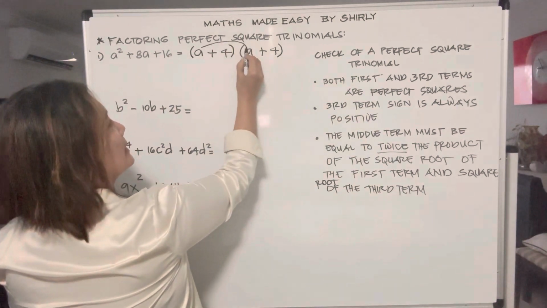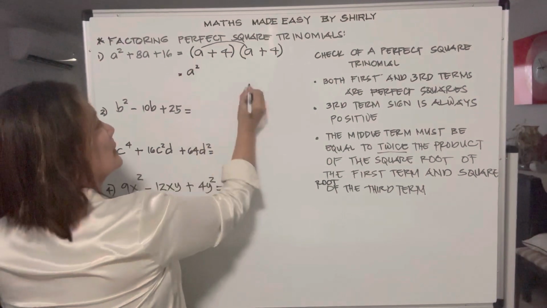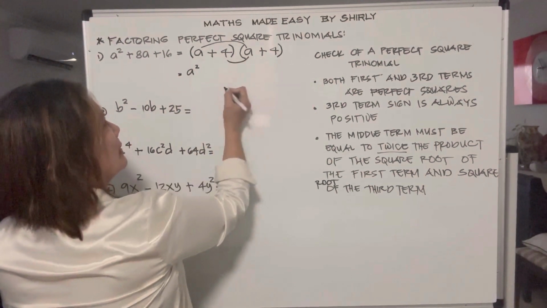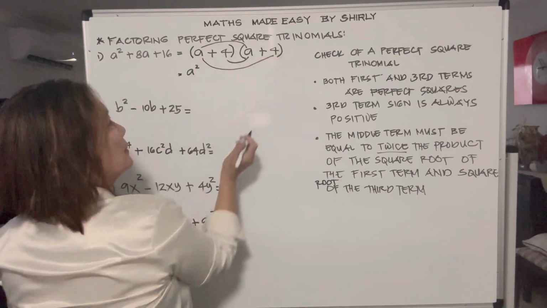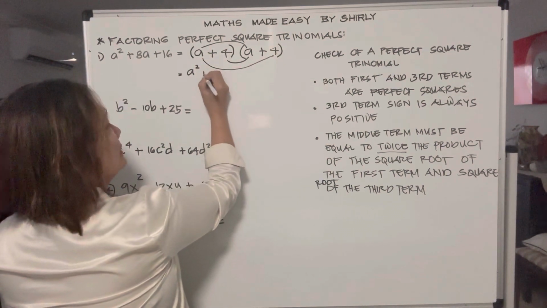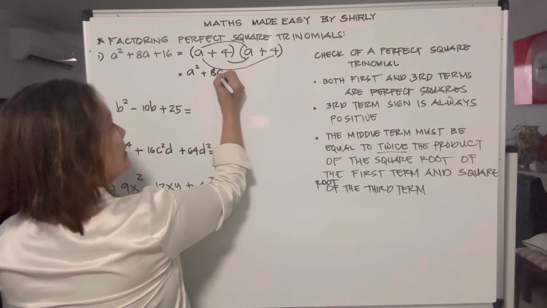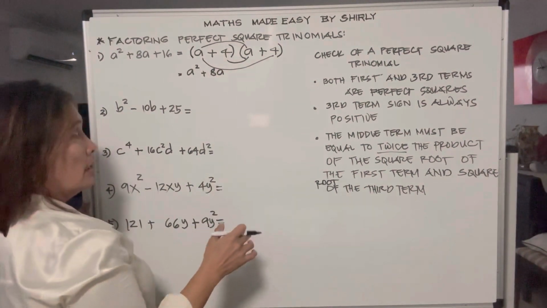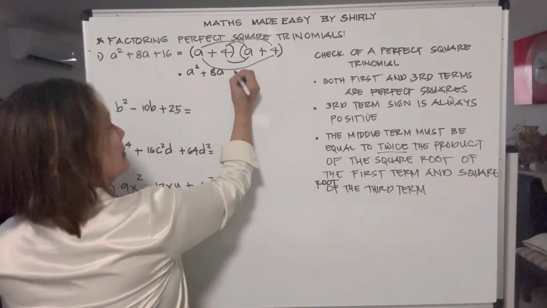So, a times a is a squared. 4 times a is 4a. A times 4 is another 4a. Combining the two, that becomes 8a. And 4 times 4 is equal to 16.